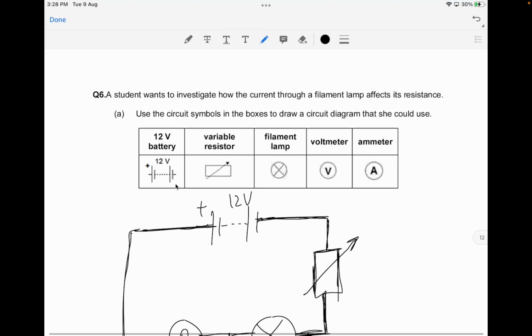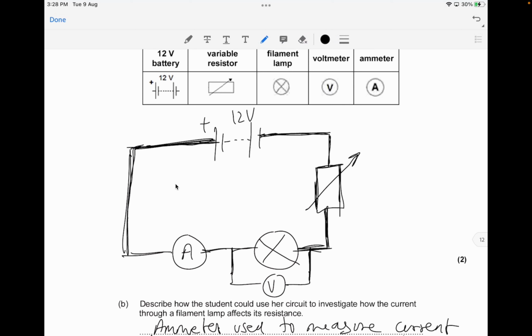The next question states that a student wants to investigate how the current through the filament lamp affects its resistance. I've drawn a nice little diagram connecting all of these circuit symbols together, so you want to take notes on this one as well. You draw a connection between the 12-volt battery and an ammeter, which is connected in series with a filament lamp and a variable resistor, also in series.